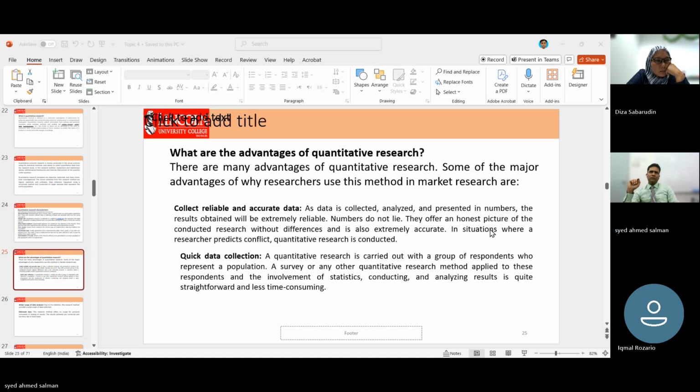What other mistakes can you avoid? Choose the right respondents. Don't choose random 15-year-old or 12-year-old boys, because they do not know about the study. Even if you are choosing randomly, you should go to the university.